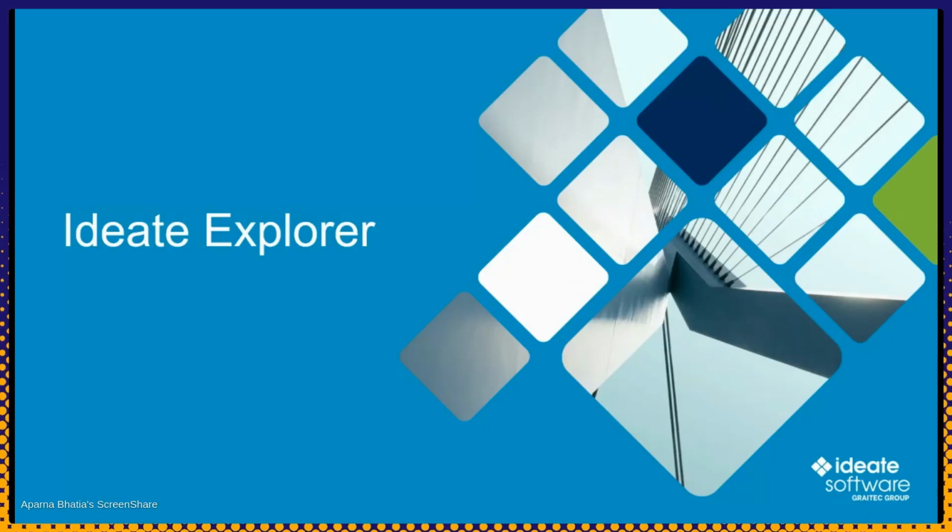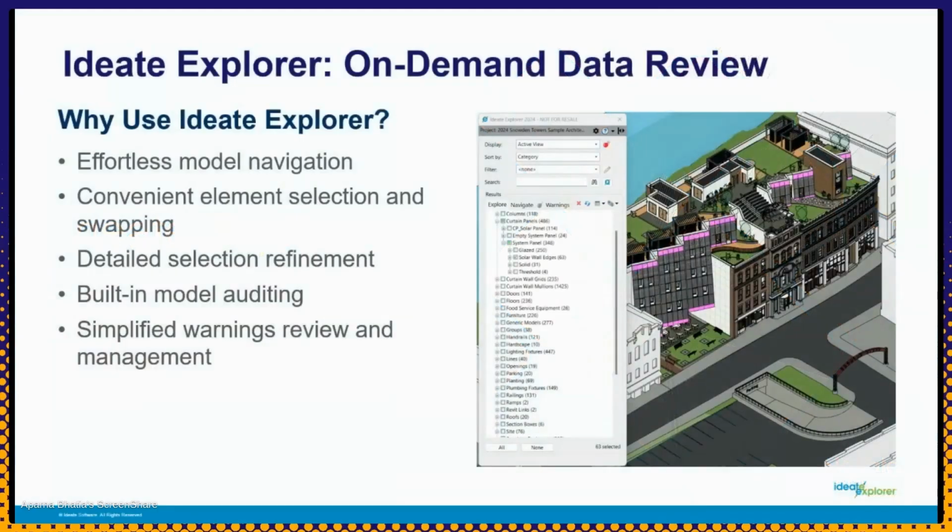Ideate Explorer, while BIMlink is a powerful tool for editing the model elements, Explorer is really appreciated by our construction customers for its model browsing and auditing workflows. For example, Ideate Explorer displays every Revit element in a modeless browser, allowing you to easily navigate and edit your Revit models. You can choose to sort the model elements by category or level, phase, or even work set.